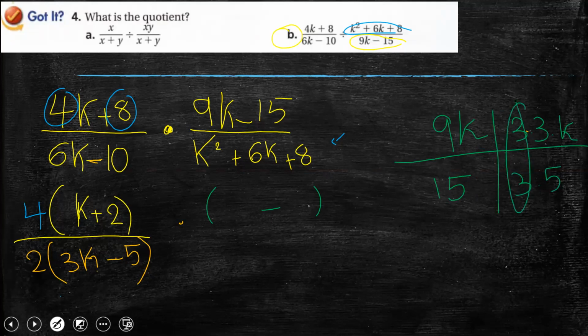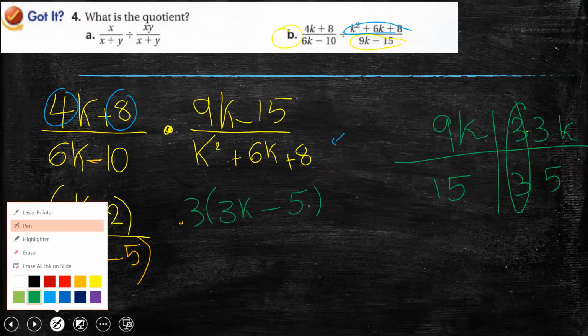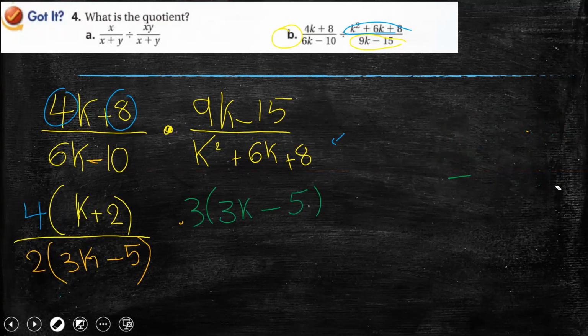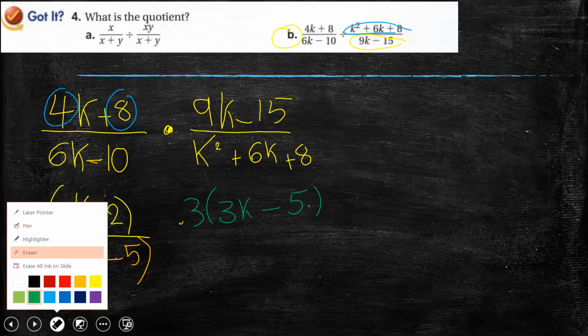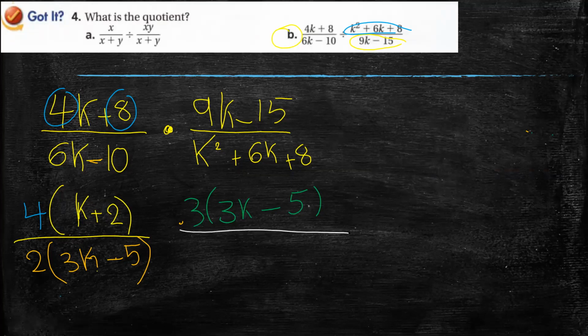Let's take 3 as a common factor. So what did we have left here? 3k minus 5.